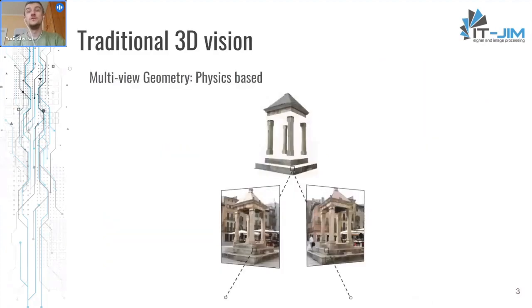So when we talk about traditional three-dimensional vision, it's based on physics. It's based on relations between multi-view images.